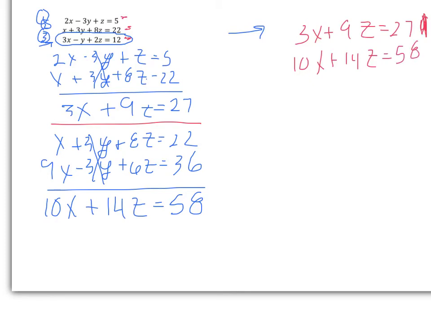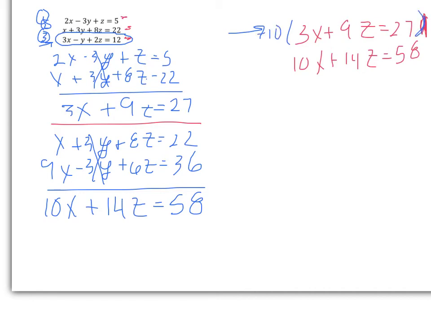So here, the numbers are a little bit big. We still need to get rid of some things over here. Because 3 and 10, I'm fairly good at multiplying by those things. I'm going to get rid of the x's, but you could get rid of the z's. So in order to get rid of the x's, I'm going to multiply the first equation by negative 10.